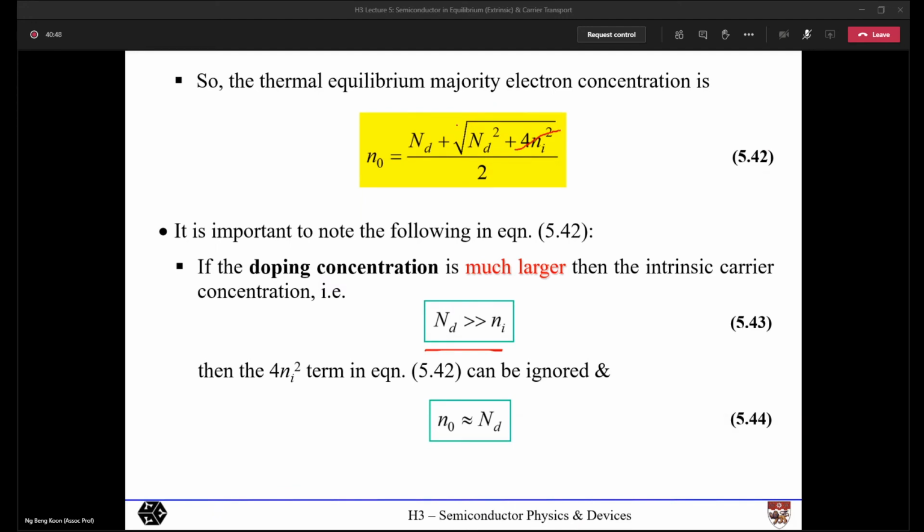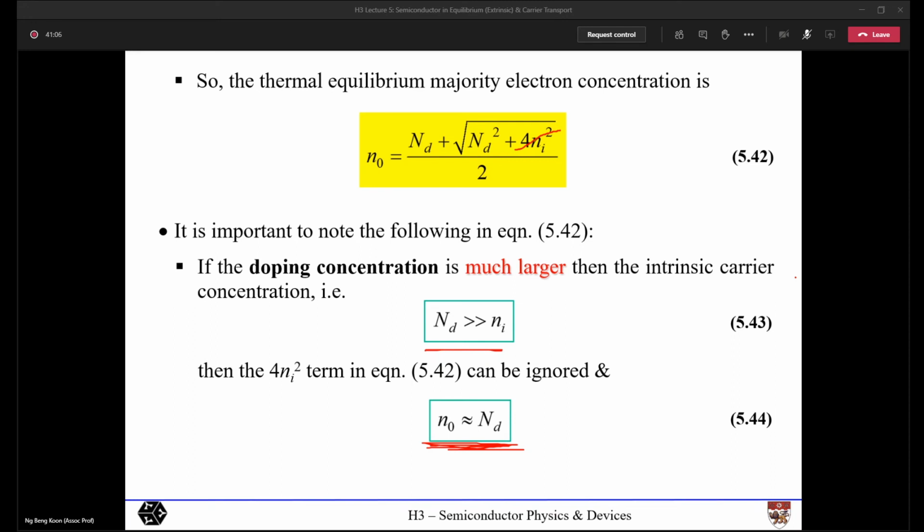If you take the square root and add it up, it's just 2ND over 2, which equals ND. So when your doping is sufficiently large, the majority carrier concentration of electrons will just equal the doping in the semiconductor.